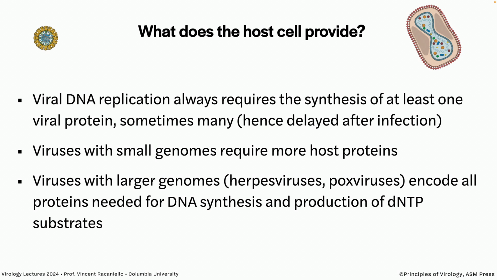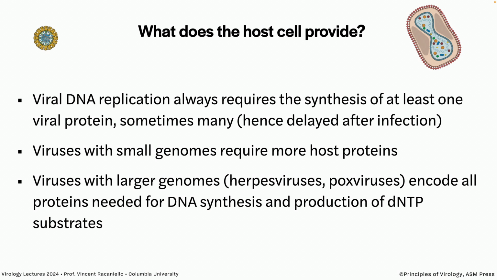Why? Because they can't code a lot of proteins in their own genome. They're too small. You're limited in coding capacity. So more host proteins are needed. And as the genome of the virus gets bigger, you need fewer and fewer host proteins. And then there are many more viral proteins that participate in DNA synthesis.